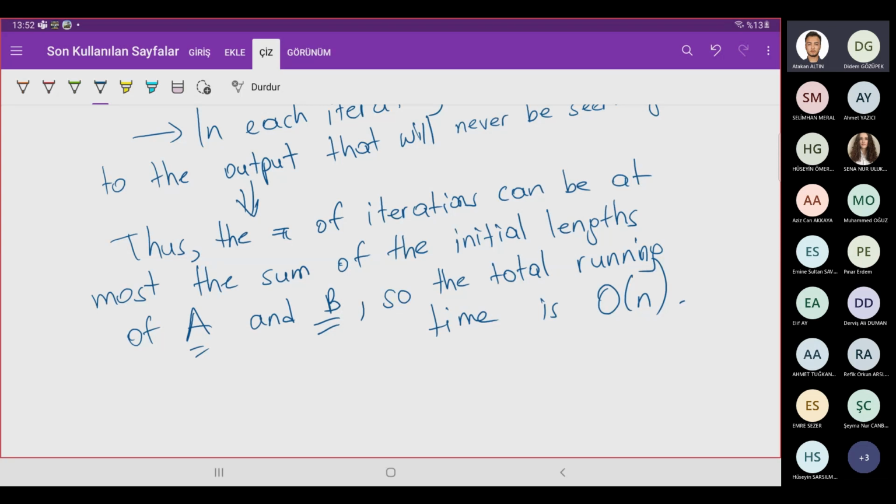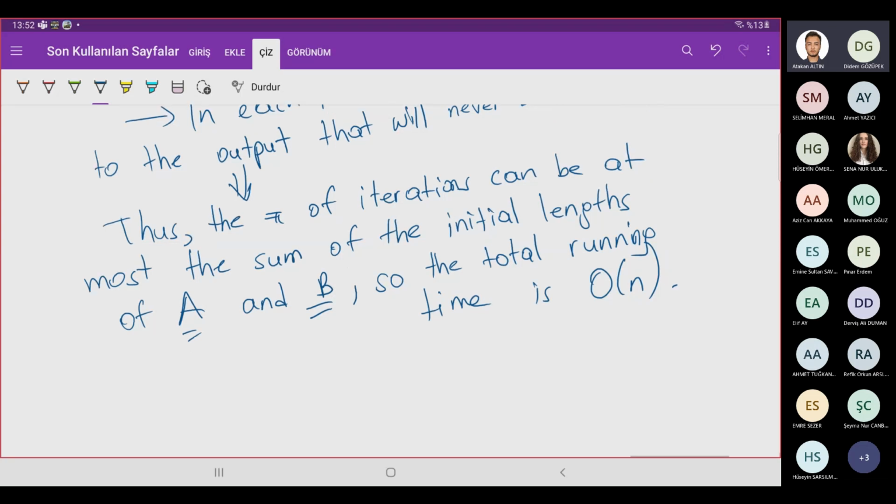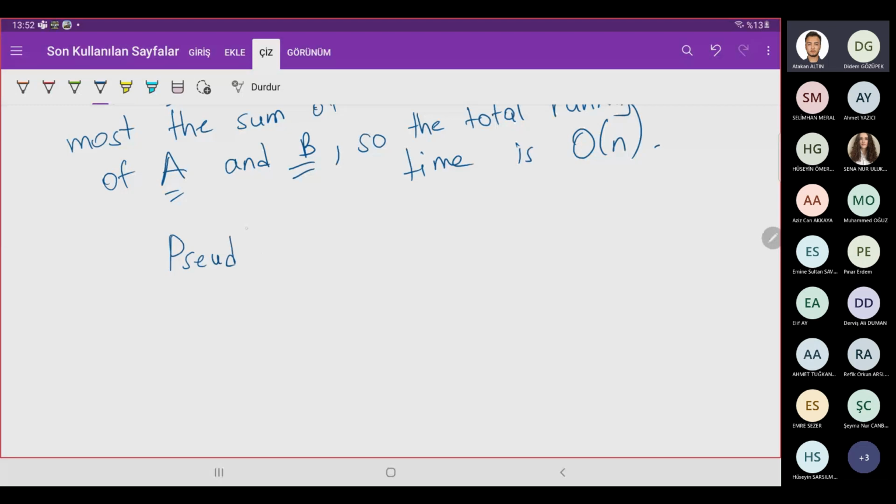So the total running time, so let's write the pseudocode for sort and count now. We sort and count the list, okay?